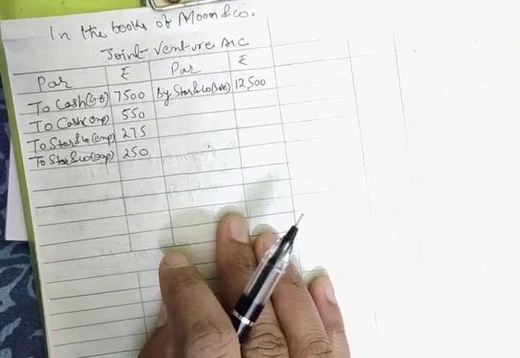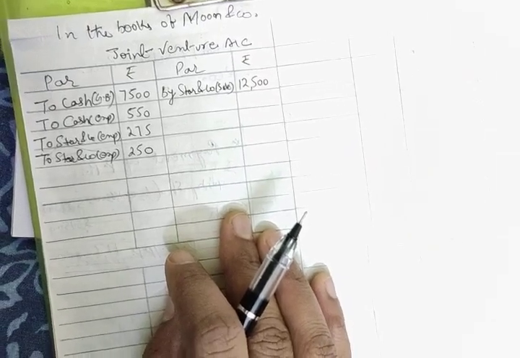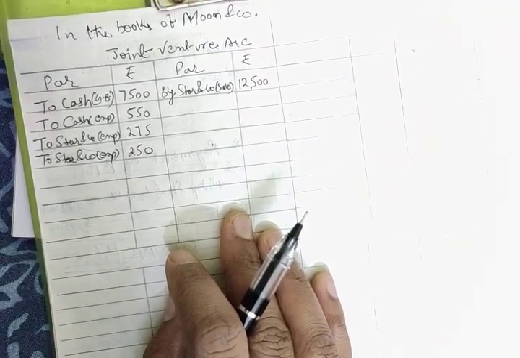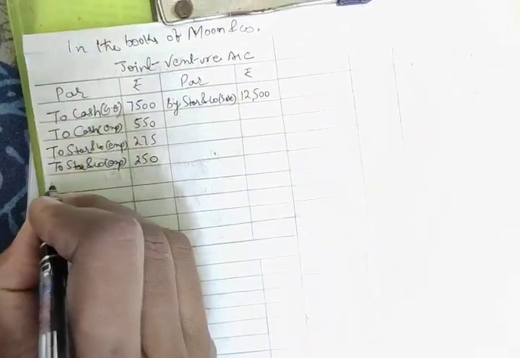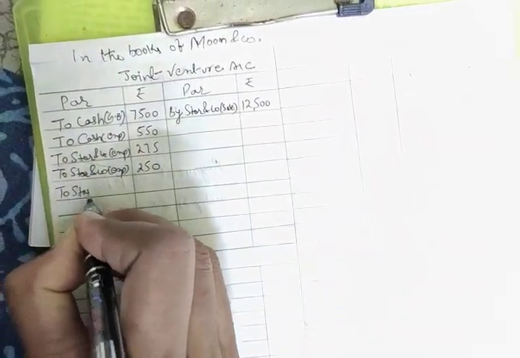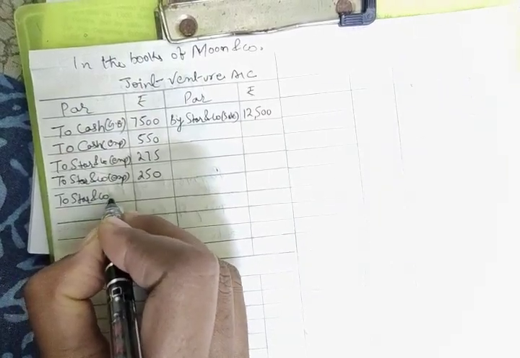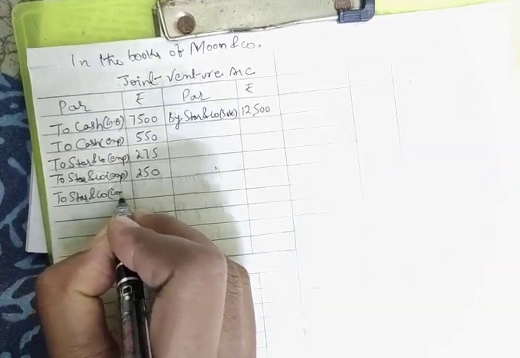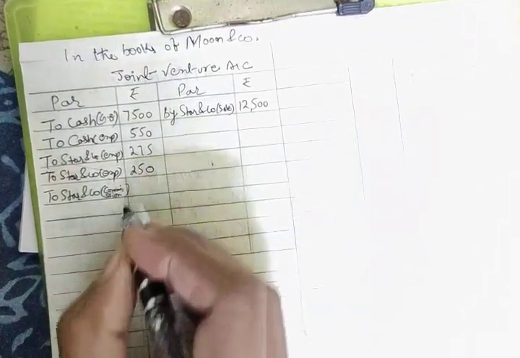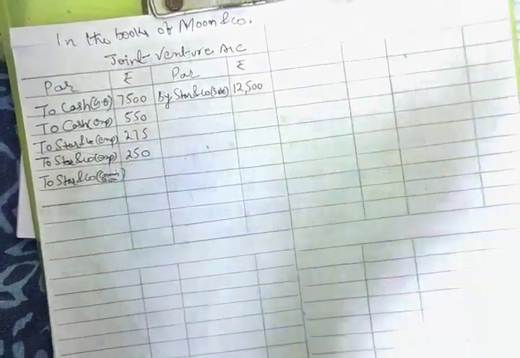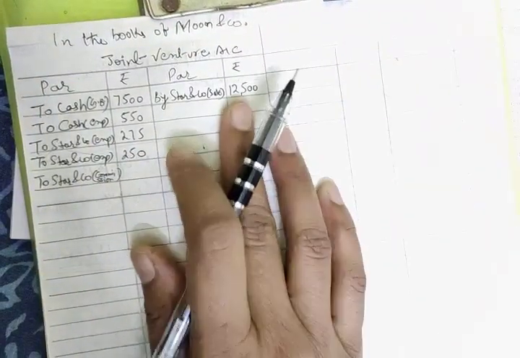Then next we have information, the latter forwarded a sight draft for the balance due to Moon and Company after charging their commission. Star and Company is charging commission at 5% on the gross sales. So who is charging the commission? Star and Company, and that means it is again an expense for the joint venture. So I'm writing again, commission. They are charging the commission 5% of the sale.